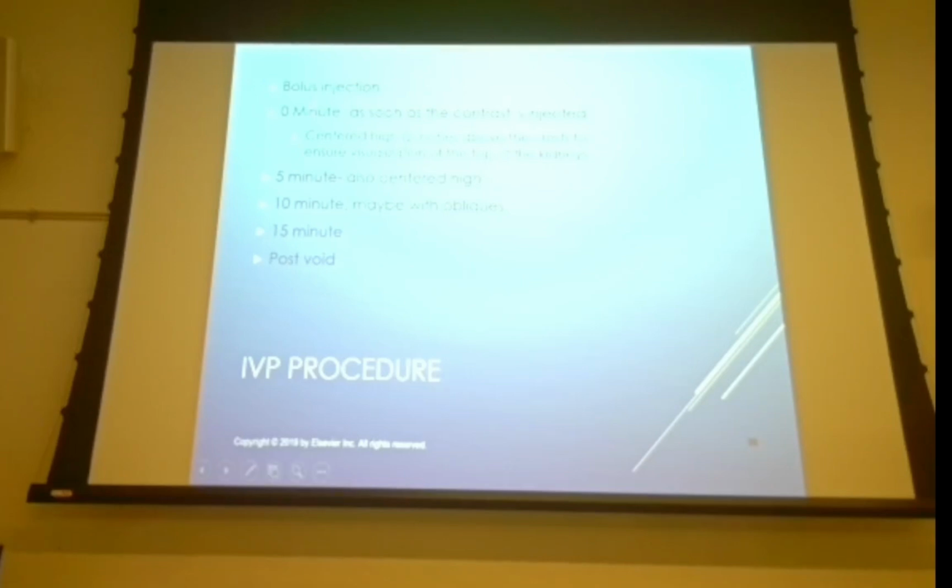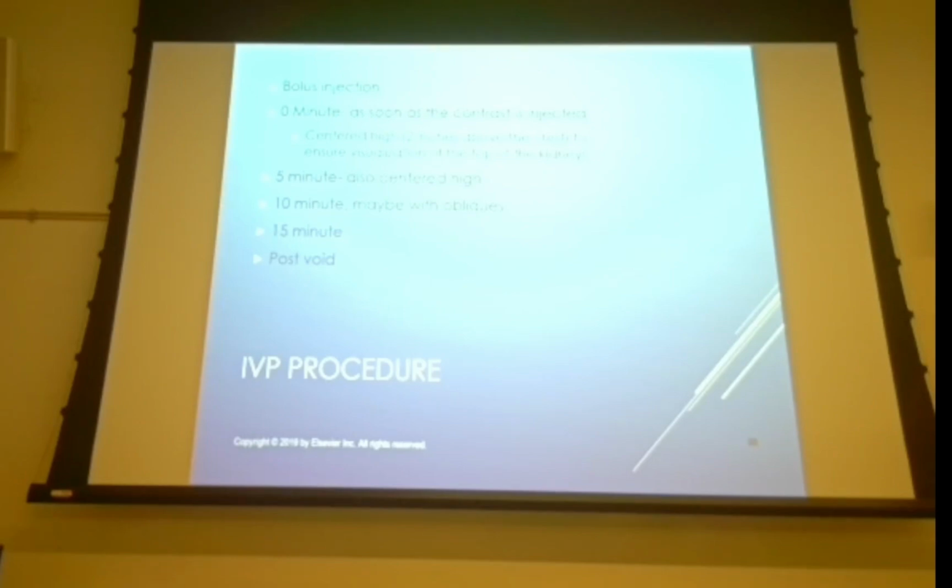So a bolus injection just means that you inject all of it one time as hard and fast as you can go. And then you're going to shoot a 0 minute. I've seen a lot of techs inject one syringe full, make the 0 minute, inject the second syringe full, shoot 5 minute, okay?